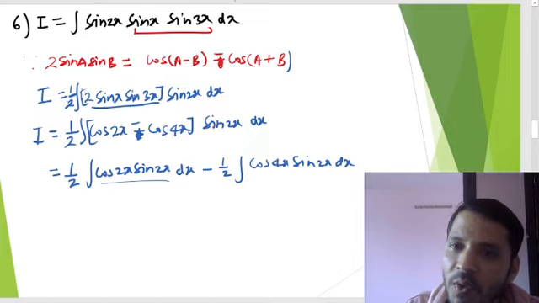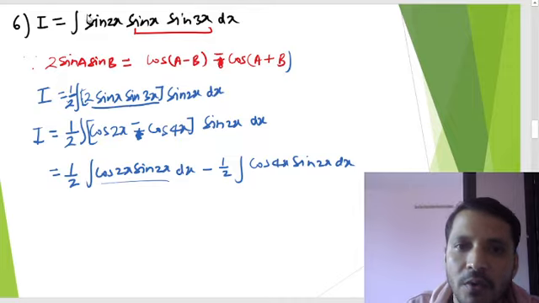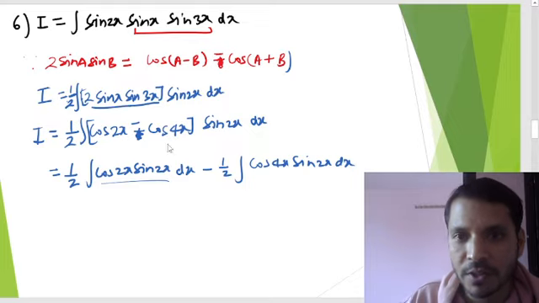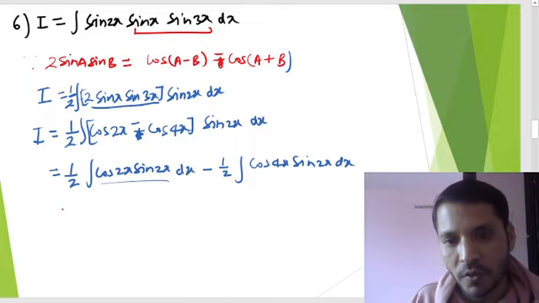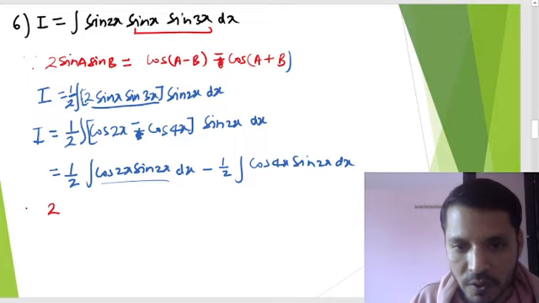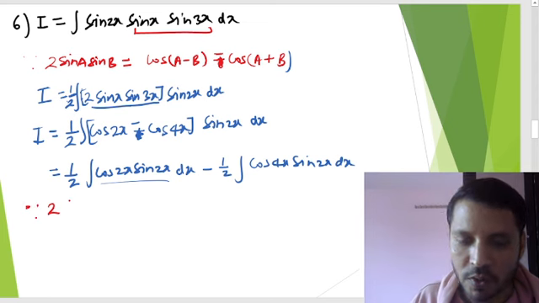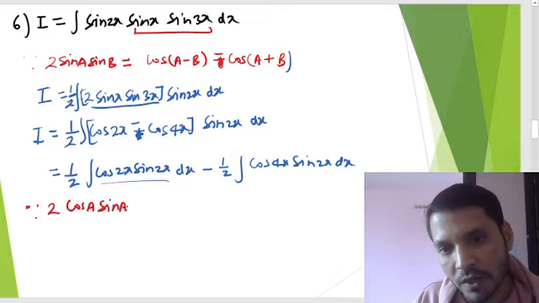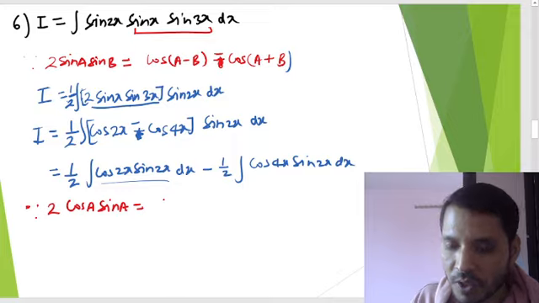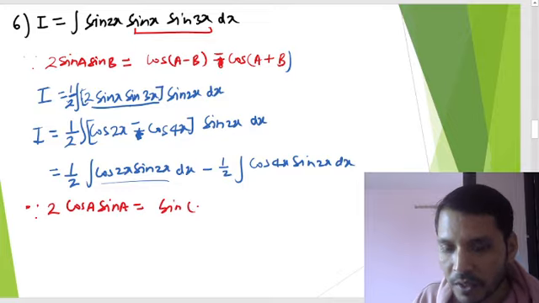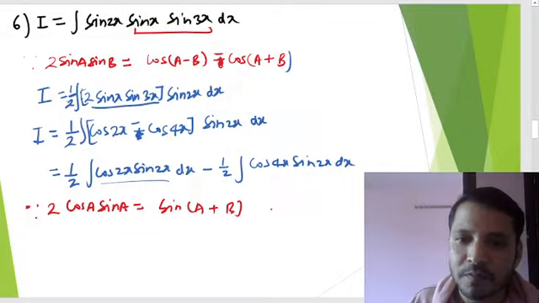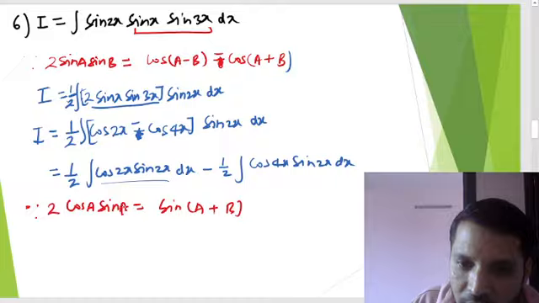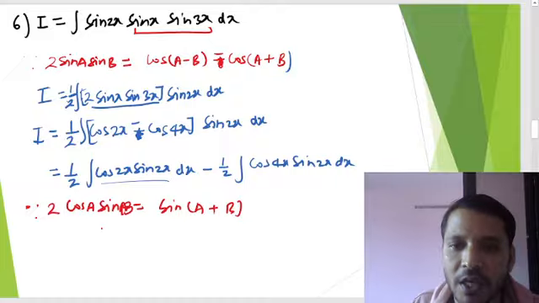So we can write the formula that we need to apply here. First I will mention that. So the formula: we know that 2 times cos a and sin b, how will we get this term? It will come from the sine only, sine(a plus b), and actually this should be sine b, right, cos a sin b.